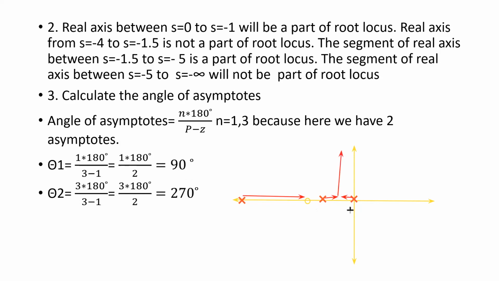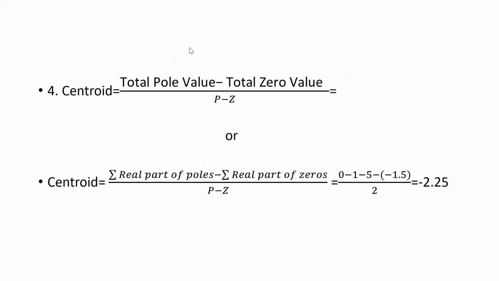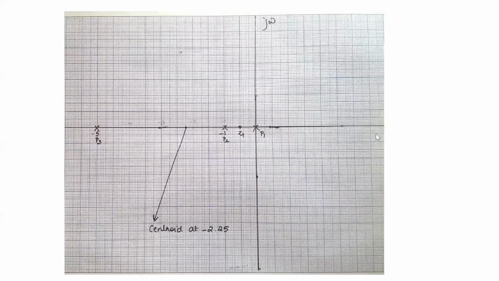They'll break, one will go up, the other will come down like this. So you require two asymptotes. Based on the equation, it is 90 and 270. Then you have a centroid at minus 2.25. Then correspondingly, this is your 1.5.